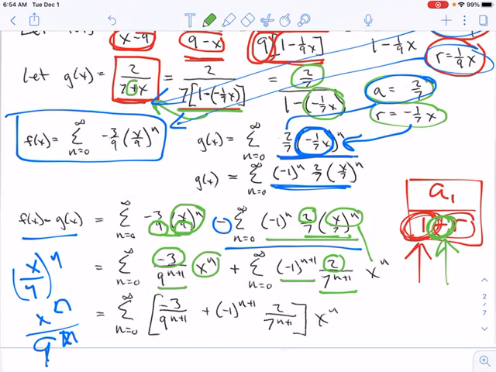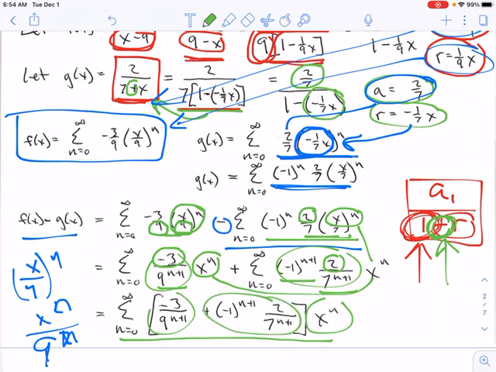Okay, now all we're doing going down to this last part here is factoring out the x to the n and just rewriting these two terms as a sum. And so we have the first term and the second term.